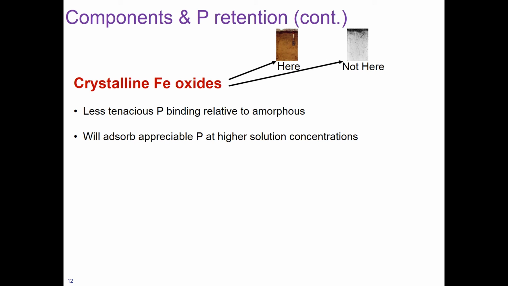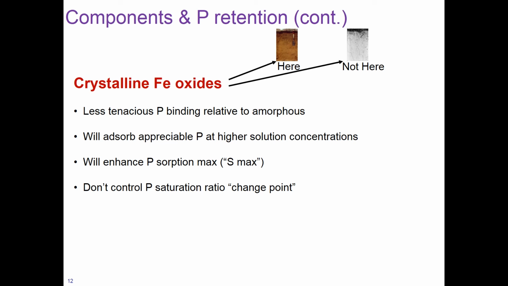They will absorb appreciable phosphorus at higher concentrations, though, and that means that they'll enhance P absorption max, or the Smax as determined on a phosphorus absorption isotherm. These high absorption values would be at concentrations higher than what would be of relevance for soil solutions, however, and that level of absorption is not likely to be realized in real soil situations.